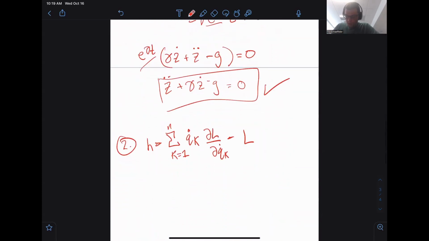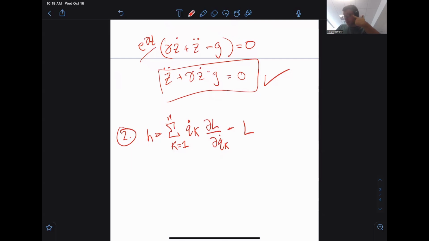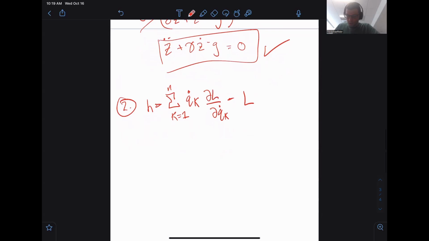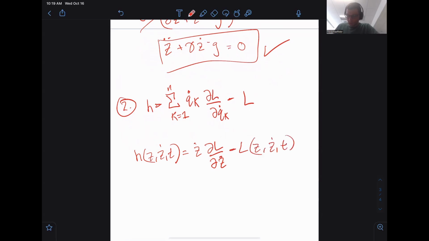And so in the sum, we only have one k. So we only have z dot times the partial derivative of the Lagrangian with respect to z dot minus L of z dot, t.